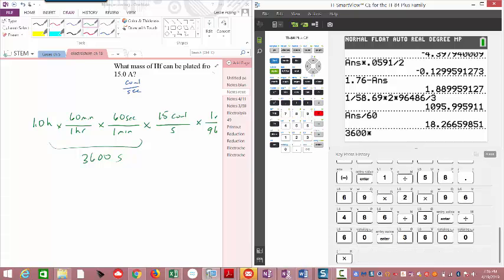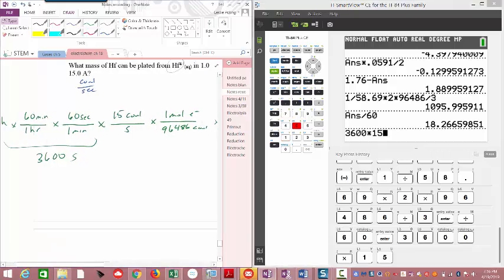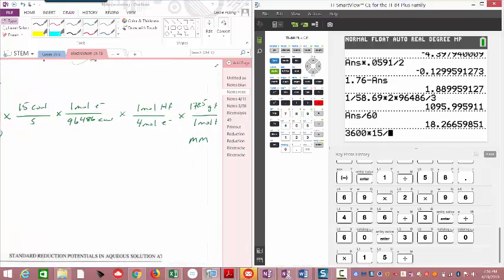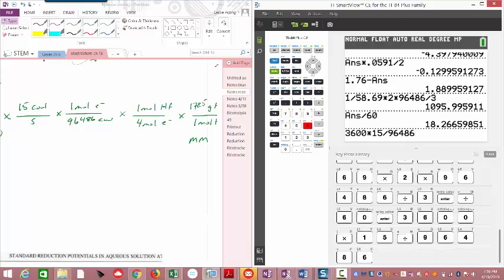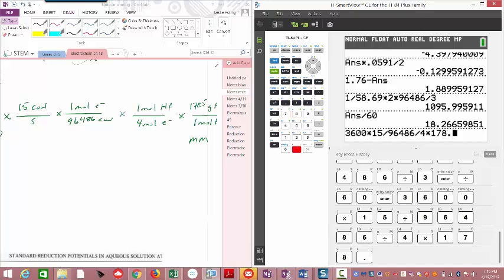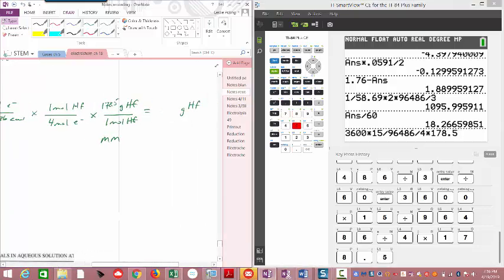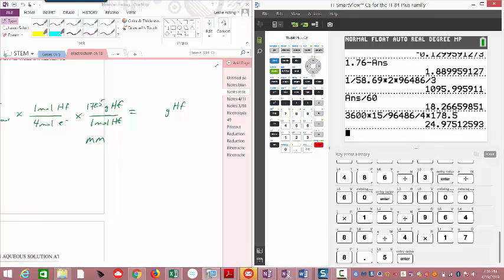And I'm going to multiply that by 15. Divide it by 96,486. Divide it by 4. Multiply it by 178.5. And I have 24.975. When I look at my significant digits, I have 25 grams of hafnium.